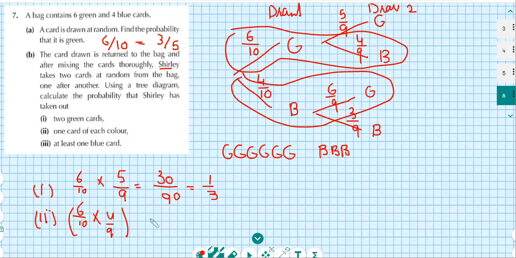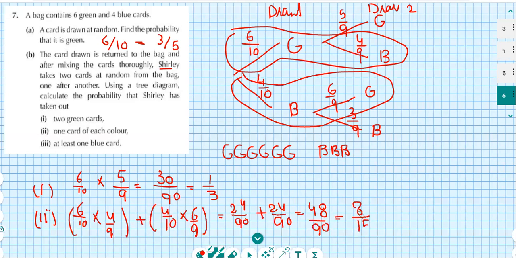In the second one, 4 over 10 multiplied by 6 over 9. So we get 24 over 90 plus 24 over 90 equals 48 over 90, or 6 8s are 48 and 6 15s are 90, so 8 over 15.